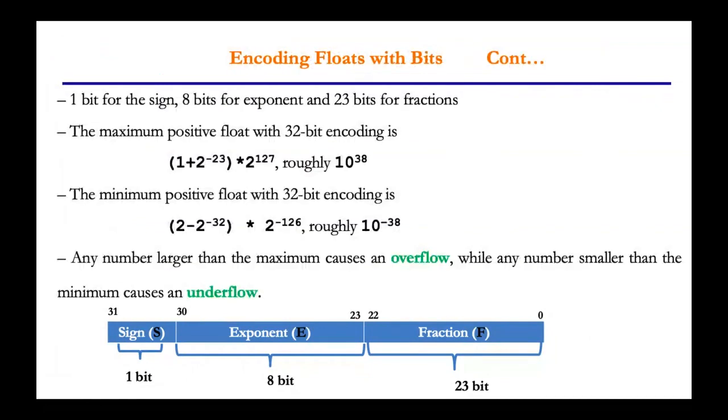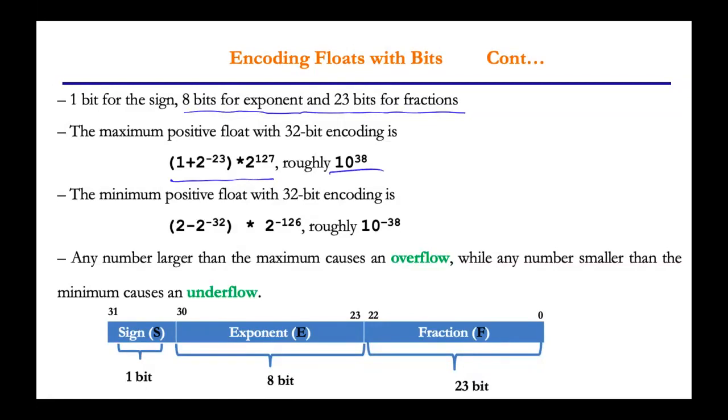Okay. So now comes the precision: 1 bit for the sign, as we just saw, 8 bits for your exponent and 23 bits for your fraction. So the maximum positive float with this 32-bit encoding, the largest number, is 1 plus 2 to the power of minus 23 multiplied with 2 to the power of 127.